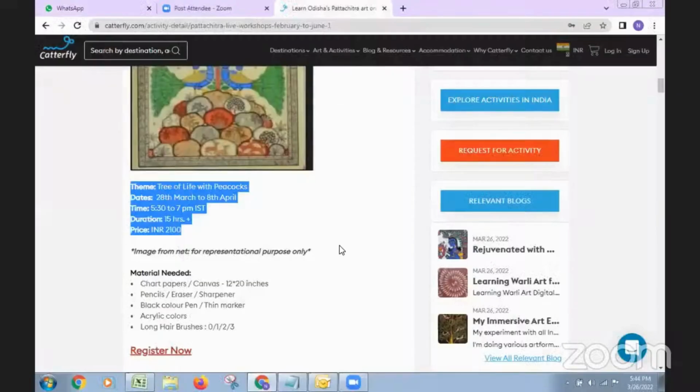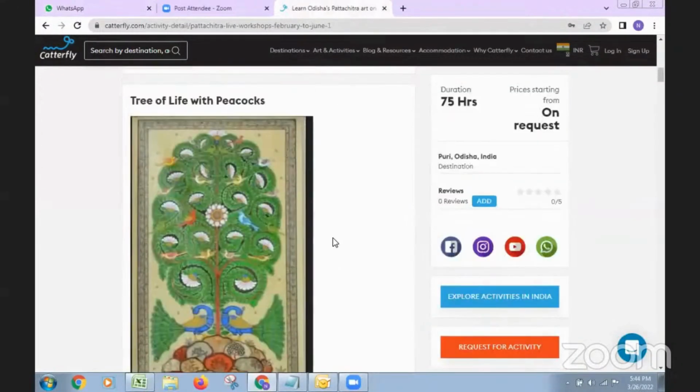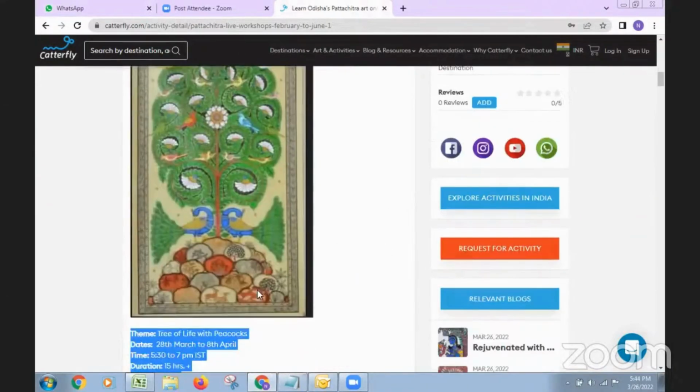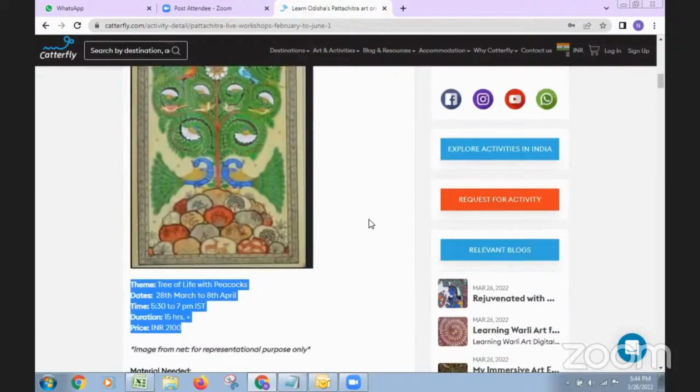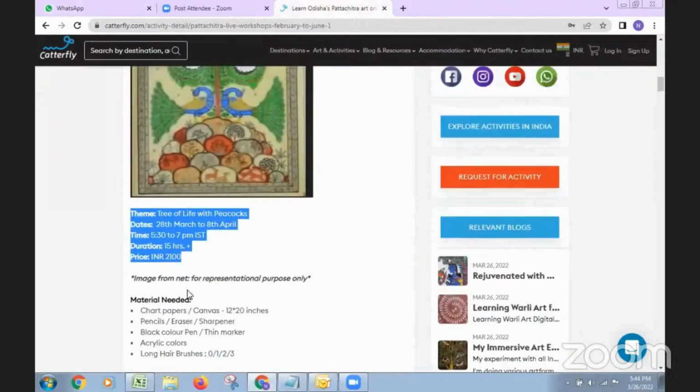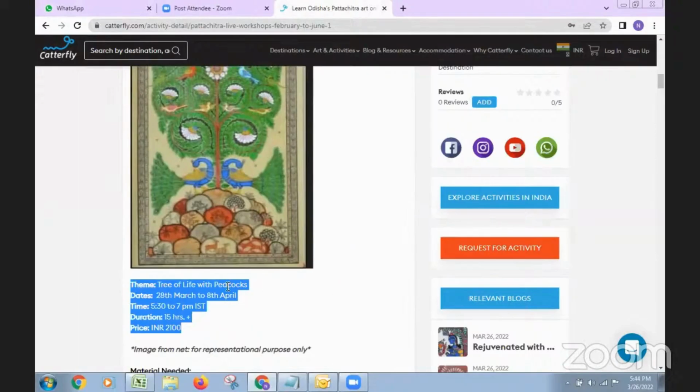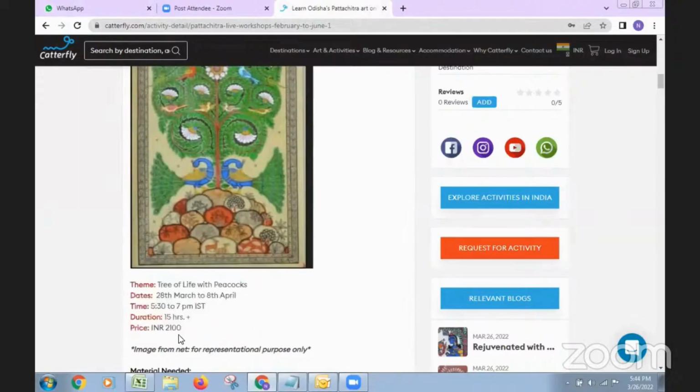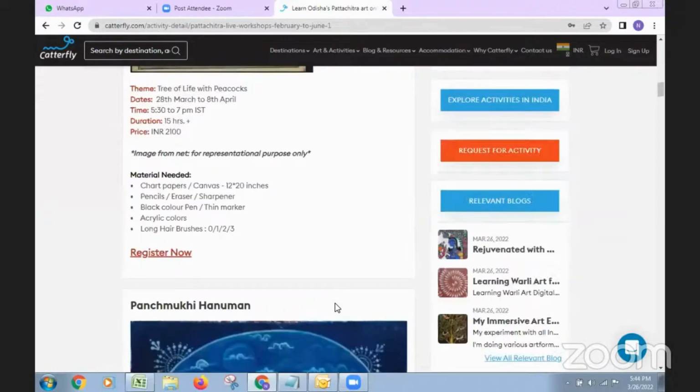So as I've told, the first upcoming workshop is in the Pattachitra art style, Tree of Life with peacocks. This is a representational image, but Bhaskar ji will be doing it in his own style. It starts from 28th March, the coming Monday, and it's a 2-week workshop. We are offering an introductory offer on this particular workshop: 20% off on 2100.